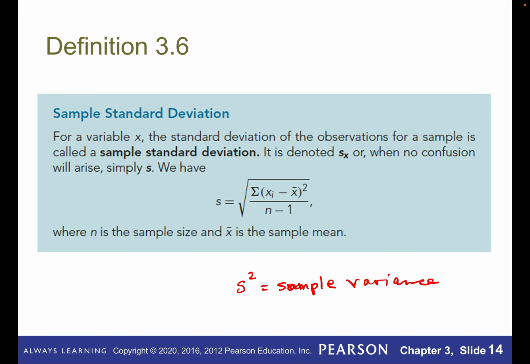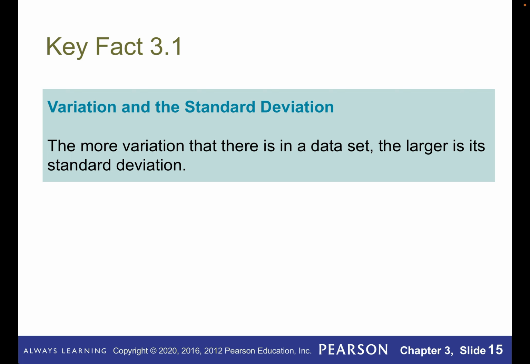But like I said, typically we calculate the variance first and then take the square root to get the sample standard deviation. And so if a data set has more variation, then the standard deviation will be bigger. So that's why the standard deviation is a good measure for the variation.